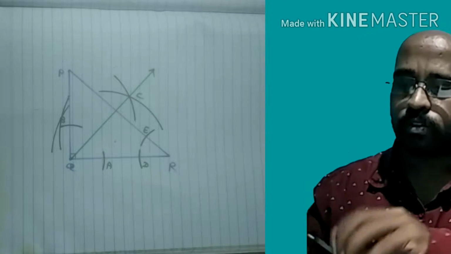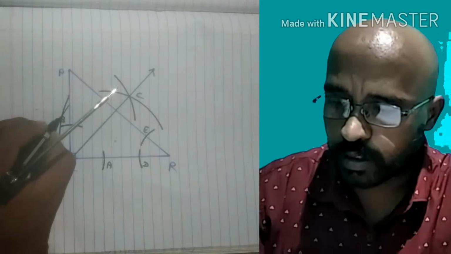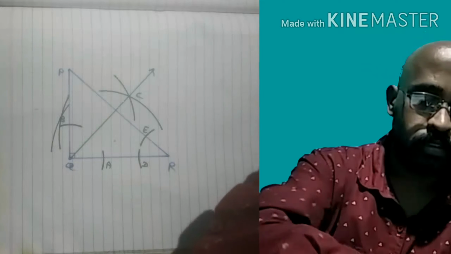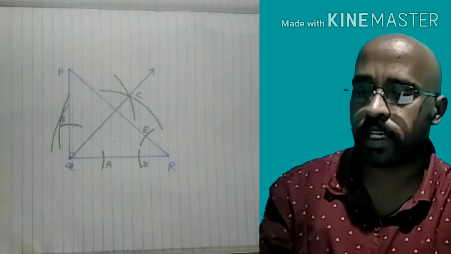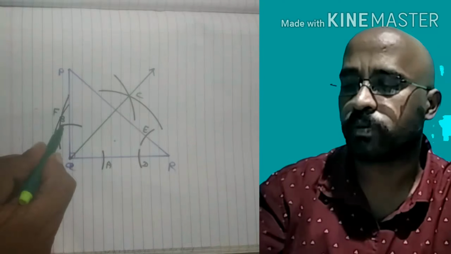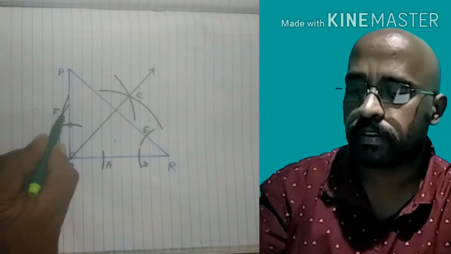Got it? So this point is the intersection point of these two arcs. Let us give it a name, F. Students, don't get confused between this point B and F. B is this point and F is this point.